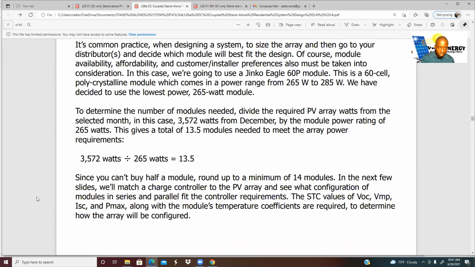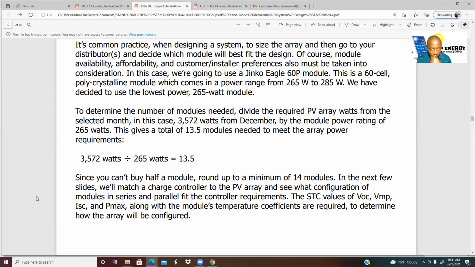To determine the number of modules needed, divide the required PV array watts from the selected month by the module power rating. We selected December.